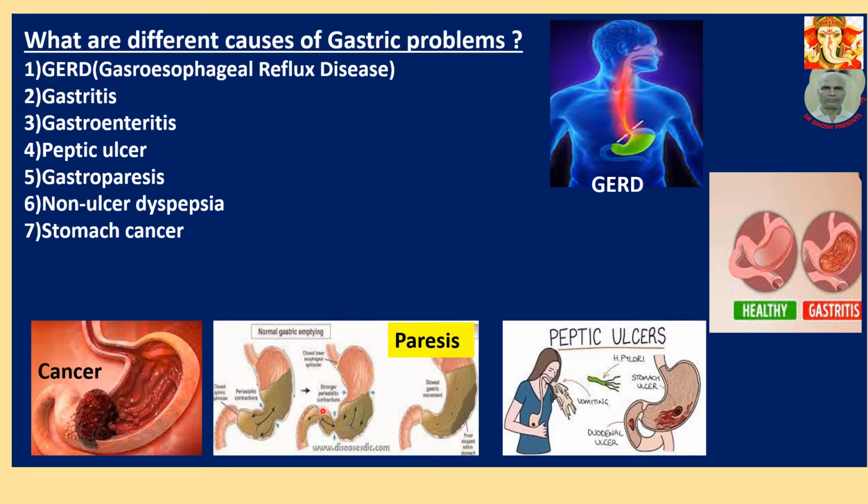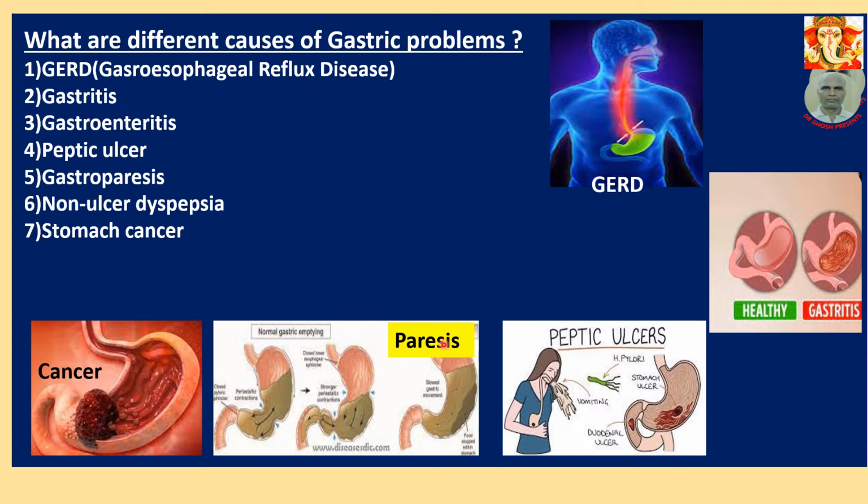Gastroparesis is when the stomach fails to empty its content into the duodenum. See, this is the normal action of the stomach: the stomach gets the content, then it opens up and the content gradually goes down. Sometimes the stomach cannot contract.